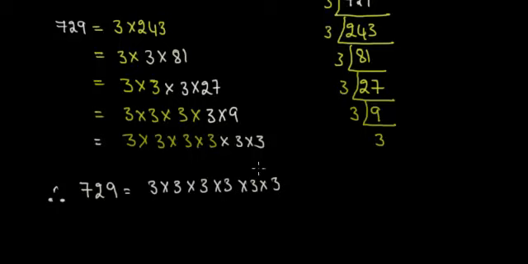After writing the given number as a product of prime numbers, we have to group the pairs of same numbers. Here we have 3 and 3, so we pair them up, and here also we have the same numbers, so we pair up these numbers, and from each pair we take one number and multiply.